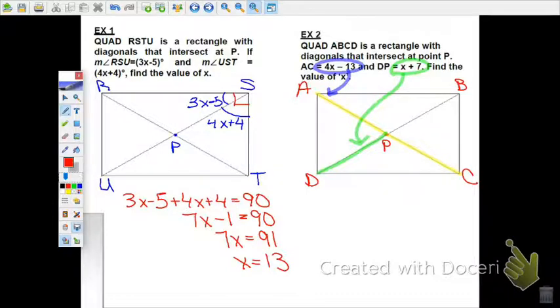So if I wanted the entire diagonal, how long would DB equal? 2x plus 14. So diagonal DB would be 2 times that x plus 7, which you guys just said was 2x plus 14. I know the other diagonal is 4x minus 13, and those two diagonals are congruent or equal to each other.